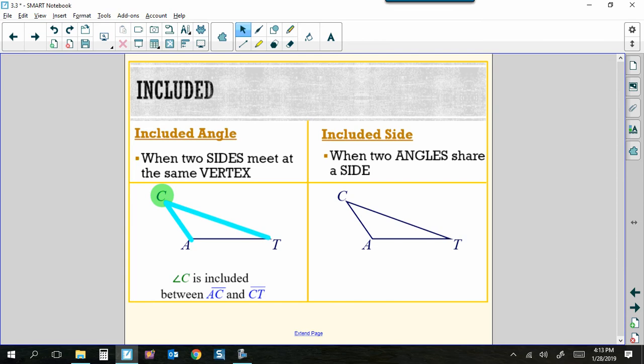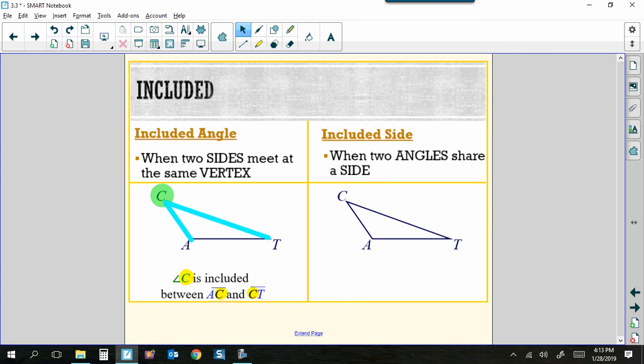So you can see even through just the names, vertex C or angle C, that letter is part of both side names. That is going to be an included angle. It's in between the 2 sides you're using.